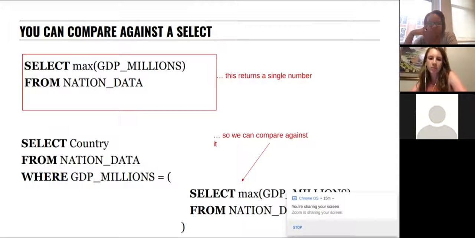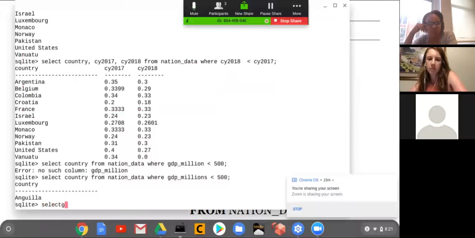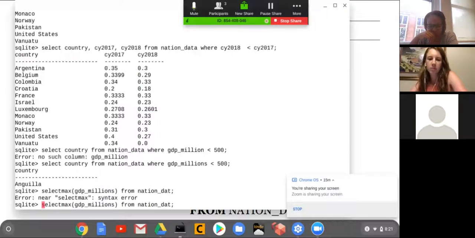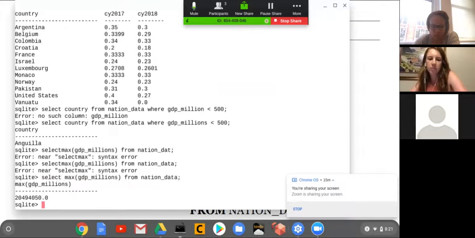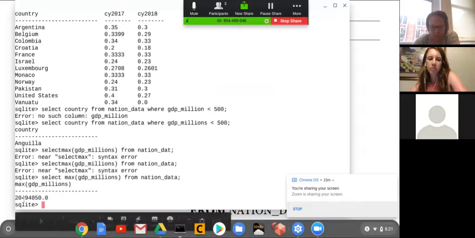And so if I just type that in just for fun, select max GDP millions from nation data, it's going to return back a number of something like $2 trillion, which you can probably guess which country that is.